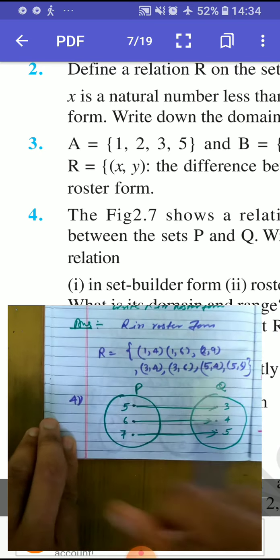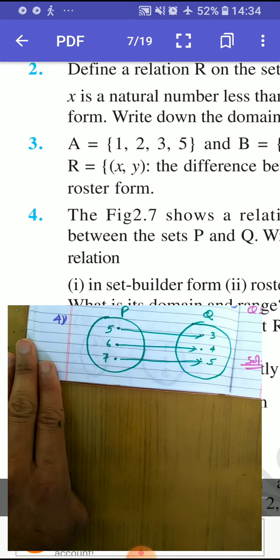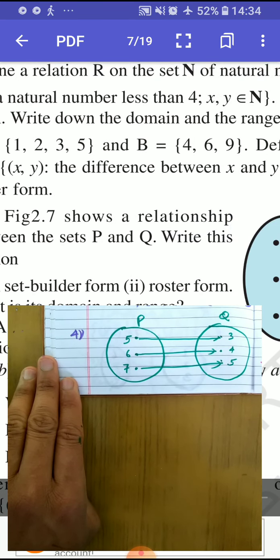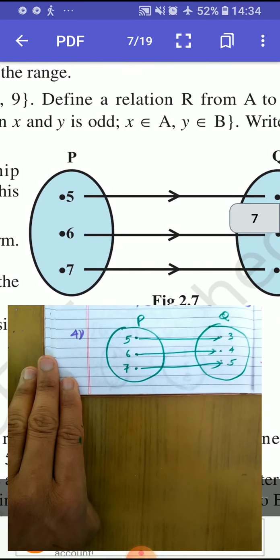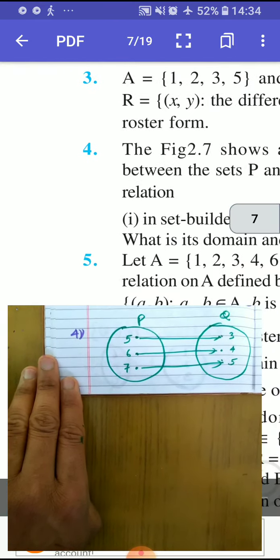of the given condition. Now come to the question number 4. The figure 2.7 shows the relationship, this one, P to Q: 5, 6, 7 and 3, 4, 5, right?